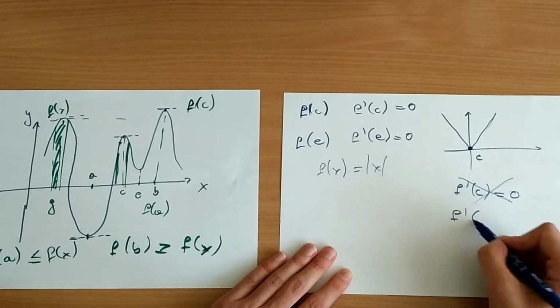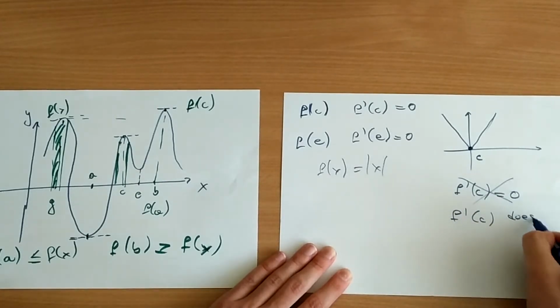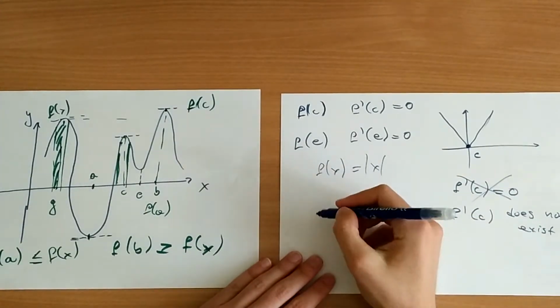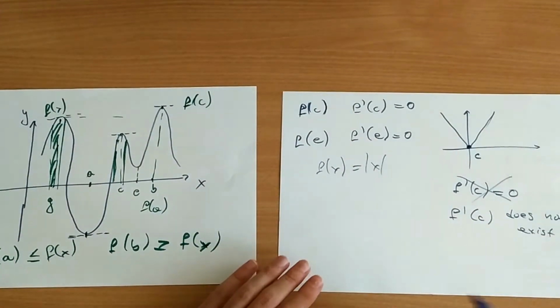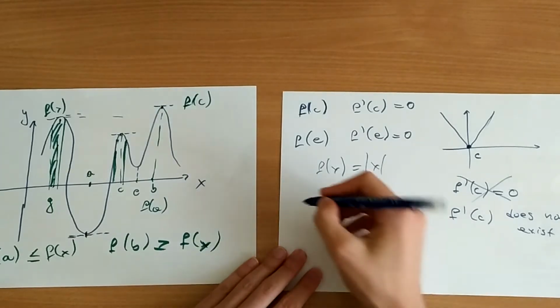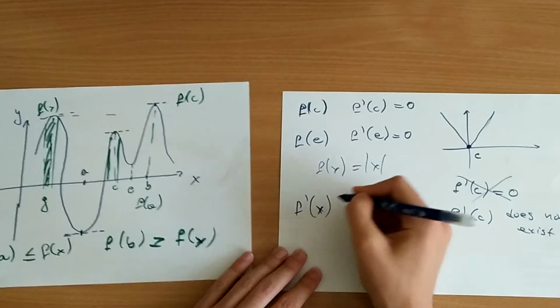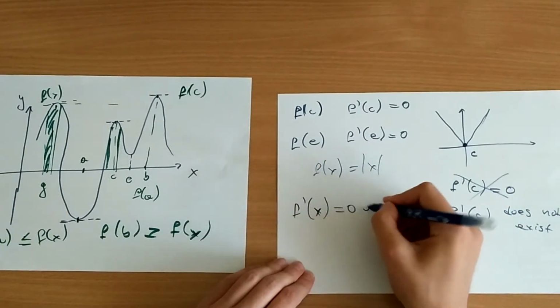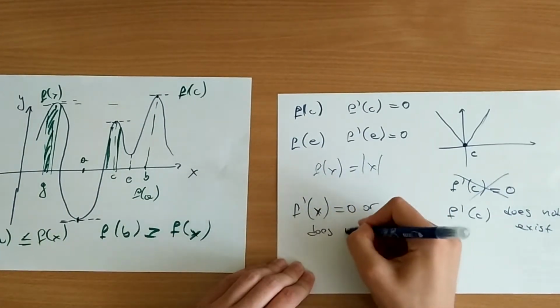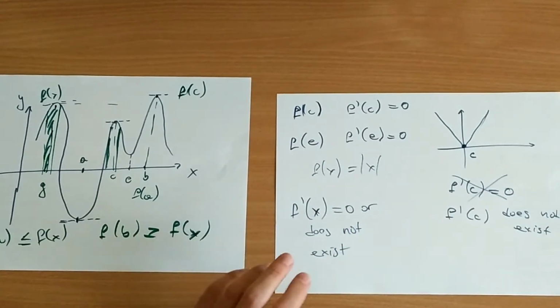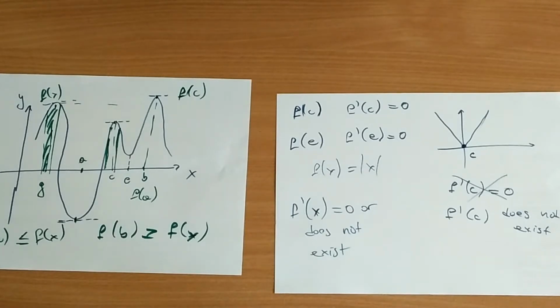So f prime of C does not exist. So what can we take from this? Well, local minimum or maximum points are found where the derivative at a certain value is either 0 or does not exist. And these points are called critical points.